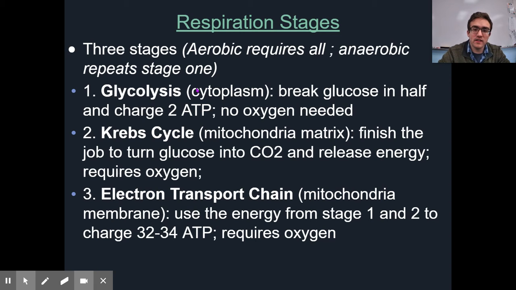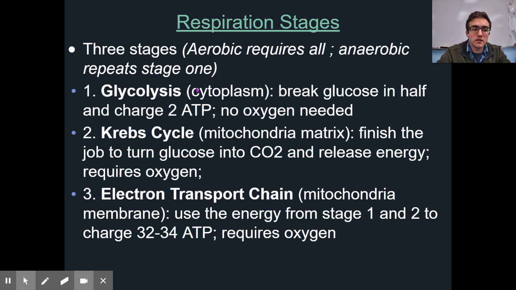So it gets broken in half into 2 pyruvic acids, and it makes 2 ATP doing this. And glycolysis doesn't need oxygen to work, it just does it by itself. So that's why anaerobic just repeats that first stage, because it doesn't need oxygen. Glycolysis does not need oxygen.